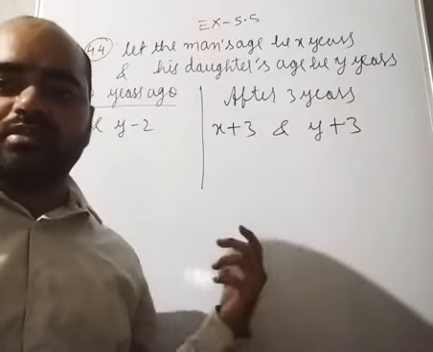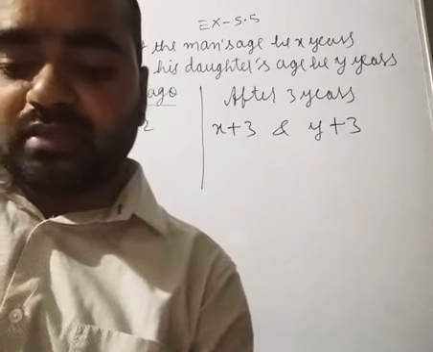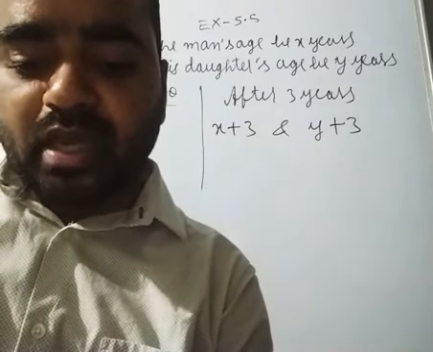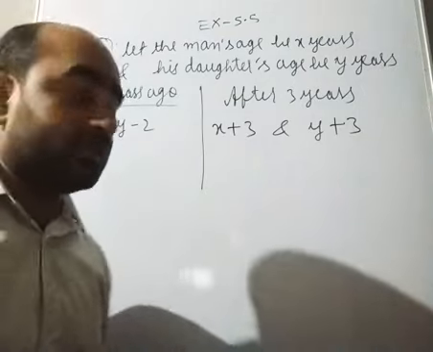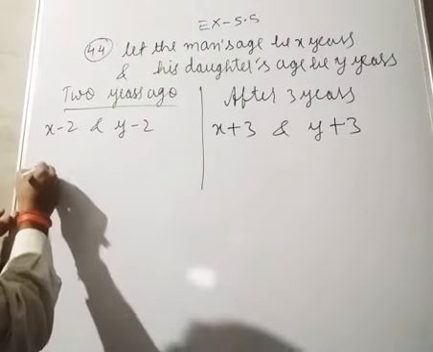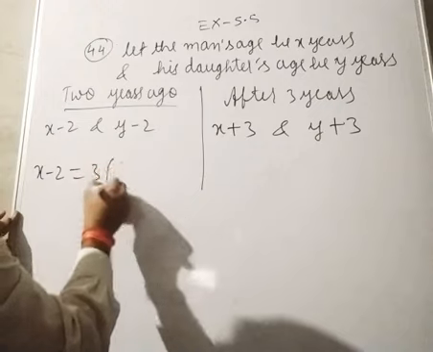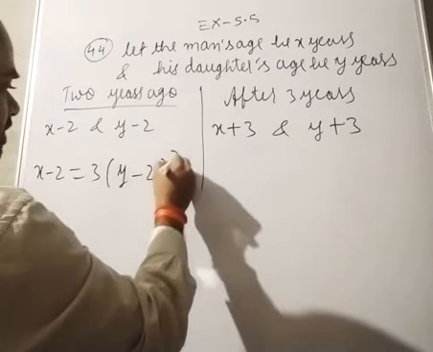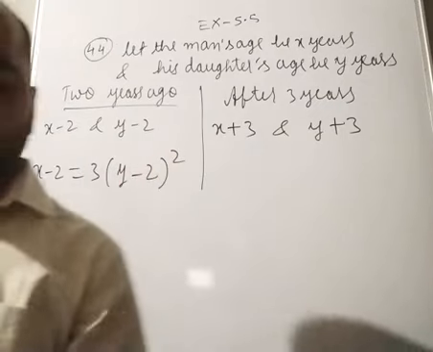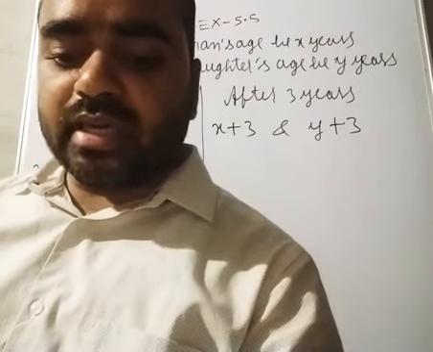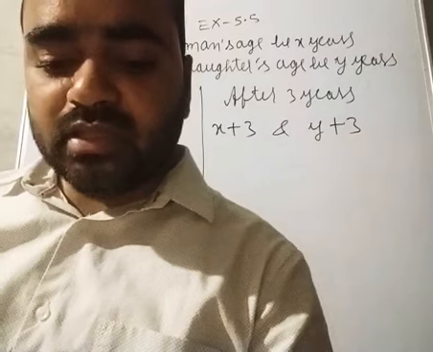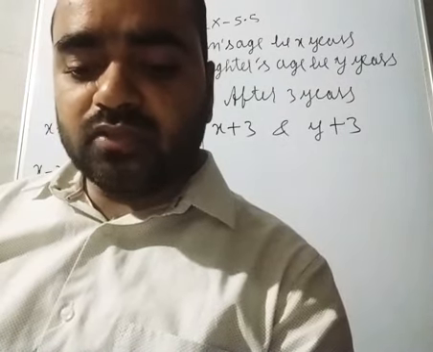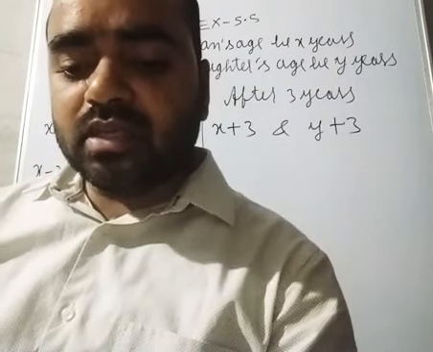This understood? Now first line, 2 years ago a man's age was 3 times the square of his daughter's age. Correct? And in the second condition, 3 years hence his age will be 4 times his daughter's age.